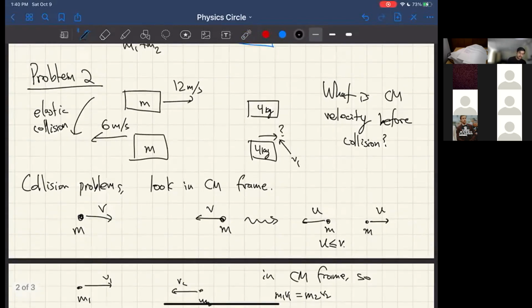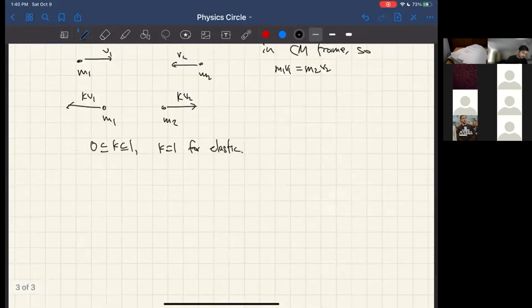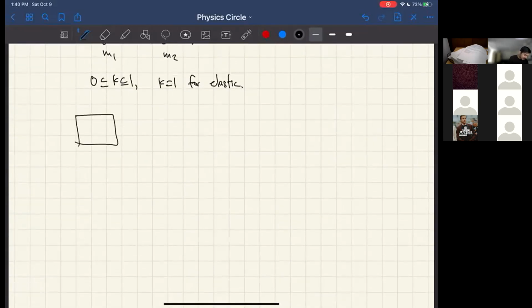So if we use this idea and go back up to the original problem, let's look at what happens in the center of mass frame. Originally I had m at rest. So let's call the center of mass velocity v naught, pointing to the right.